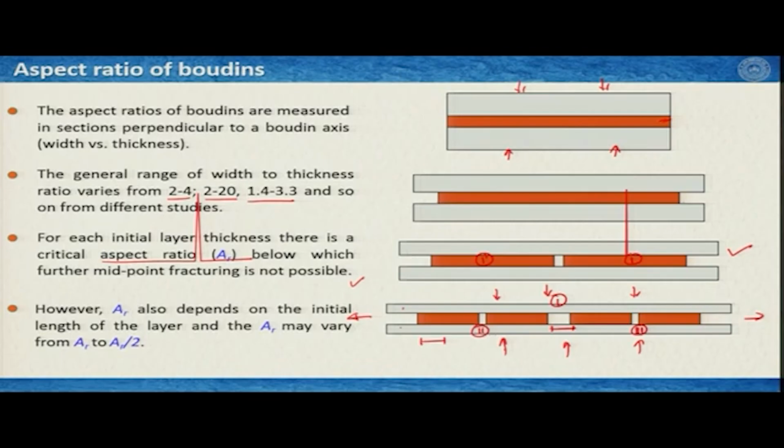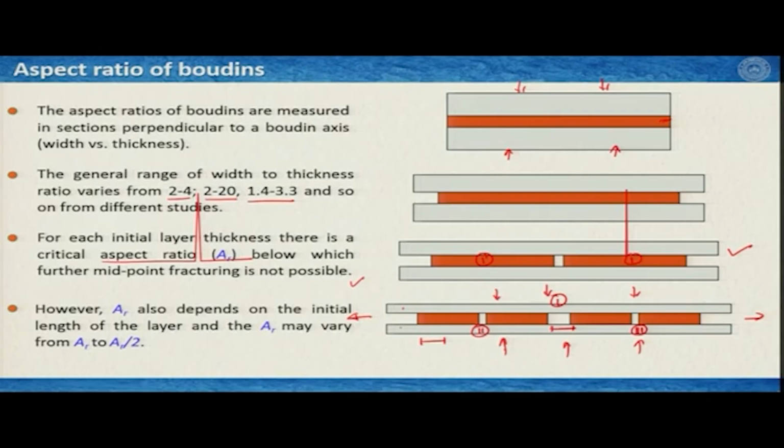Now, you can think that if we start from a layer segment of aspect ratio 20, where the critical aspect ratio for that particular layer is 2, then by successive midpoint fracturing you can arrive at a value of 2.5. This is simple arithmetic.